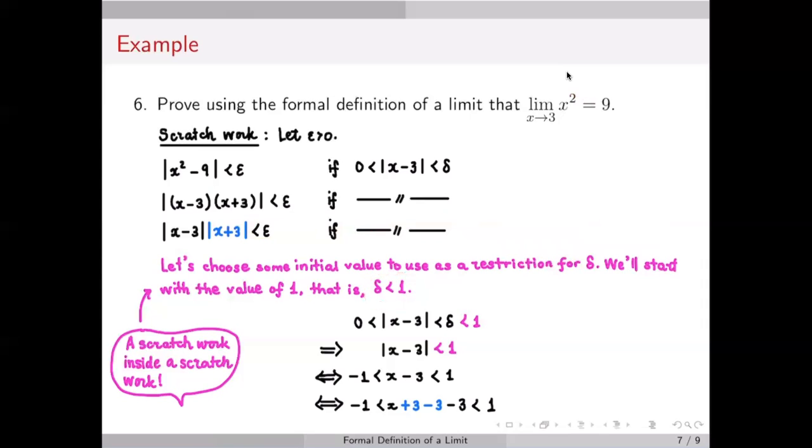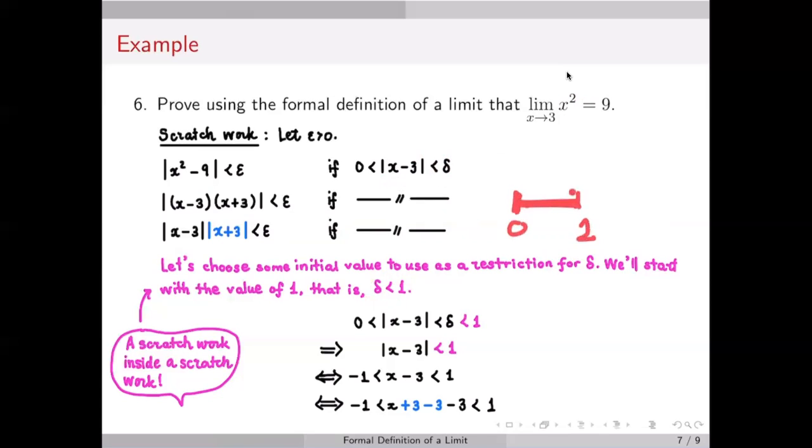Now, why should we choose 1? Remember, delta here is the length of the interval wherein x is at a distance, or delta is the distance of x from 3. The reason why we choose 1 is because of the unit line, 0 to 1.